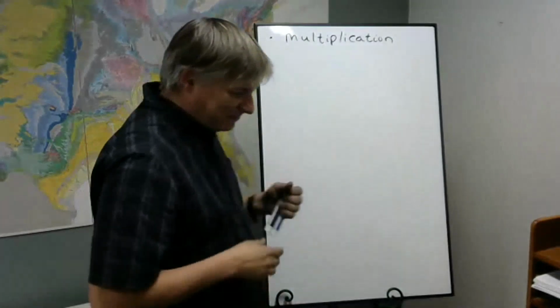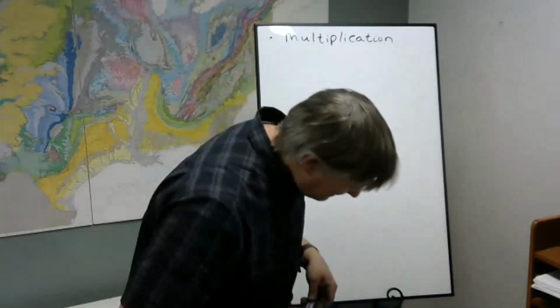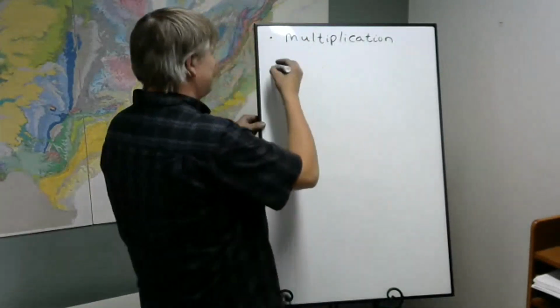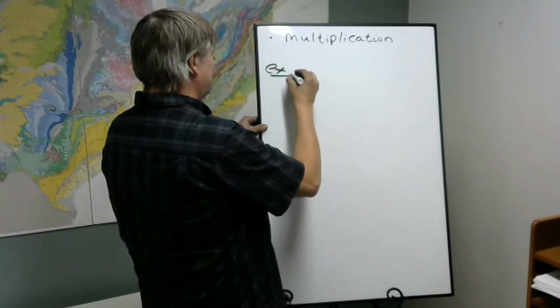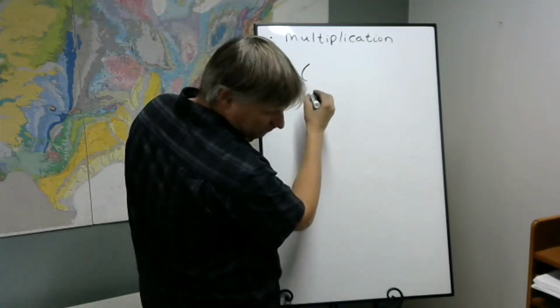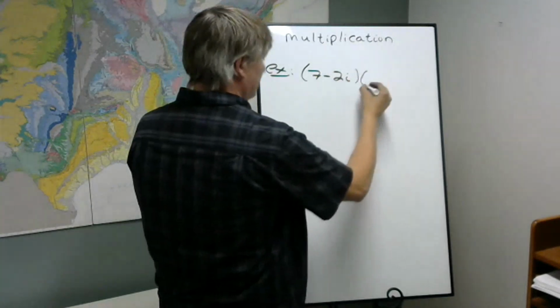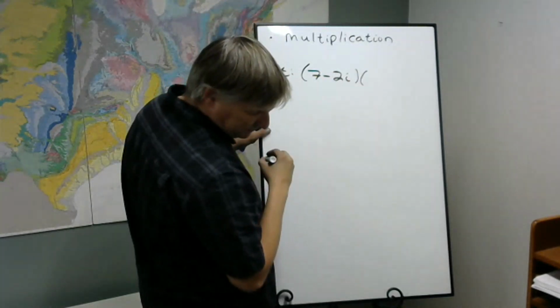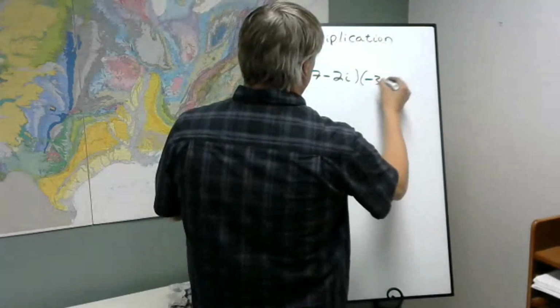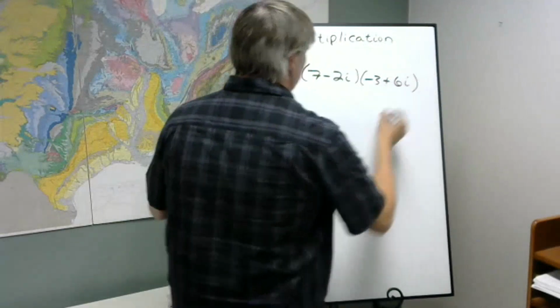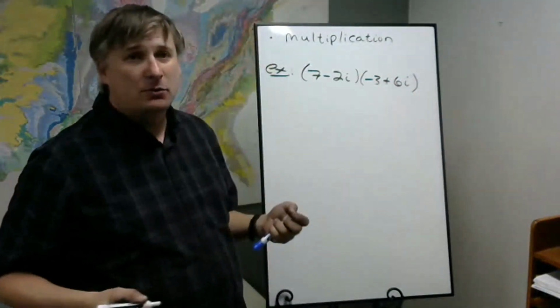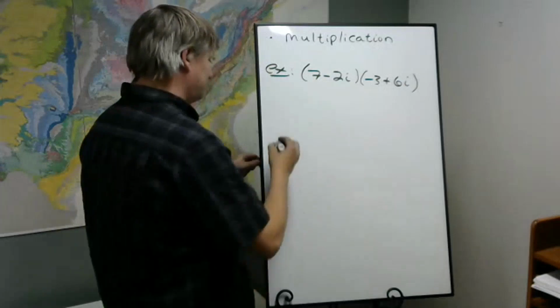So let's say we have something like this. What we're going to do is FOIL.